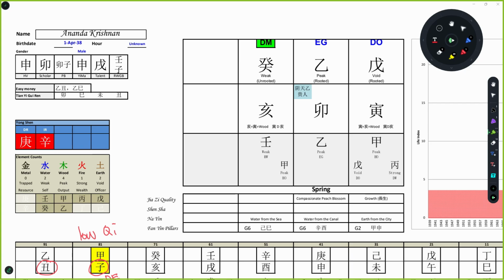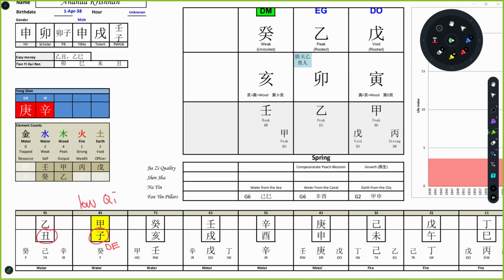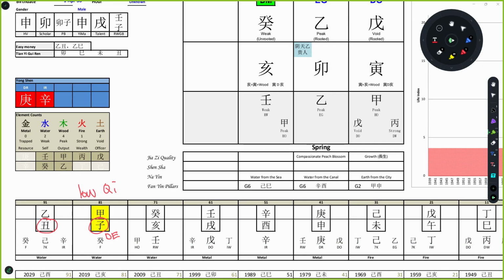So for the case of Ananda Krishna, what would the pillar represent? It would represent your hurting officer sitting on friend. Therefore, it's a hurting officer sitting on friend star. Whether the pillar may be considered not negative, but not so positive at all.